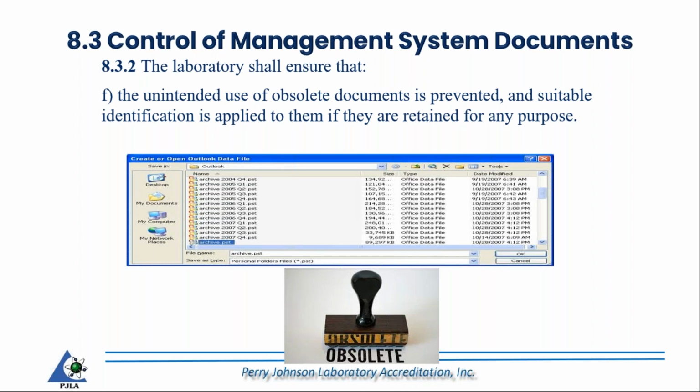However, during an assessment, if there was an out of date, internal or external document that happens to be out within the calibration activities, I would expect to see that marked or stamped.